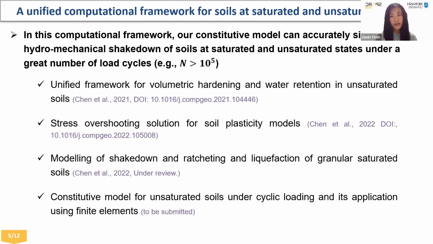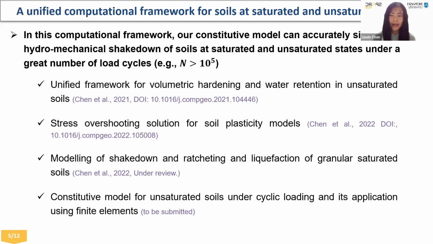In our computational framework, the constitutive model can accurately simulate the hydromechanical shakedown of soils at saturated and unsaturated states under a great number of loading cycles, which we believe is very important to model variable cyclic loading involved in the processes that I mentioned before.